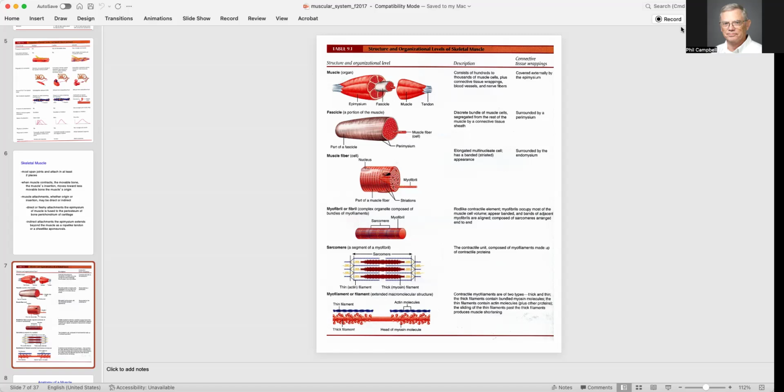Even though these sarcomeres are very small, let's say that the contractile shortening capacity of each is on the order of microns. However, an individual myofibril can consist of hundreds or thousands of these sarcomeres. So even though the contractile shortening length is very small, it scales because we multiply it by the number of sarcomeres in that series.